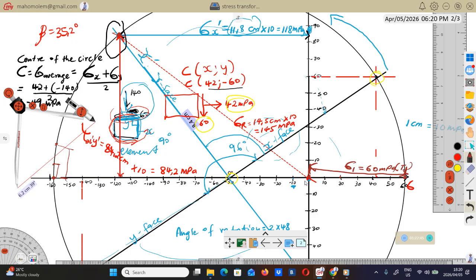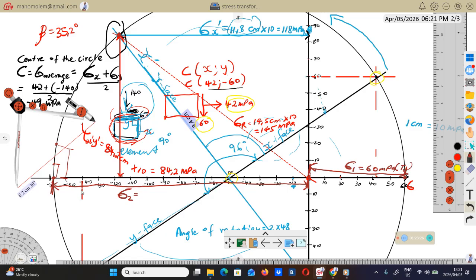Then principal stress number 2 is going to be from here. You measure from here horizontally to here. How much is this? The length from here to there is about 15.8 centimeters.